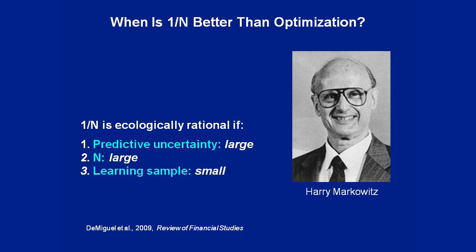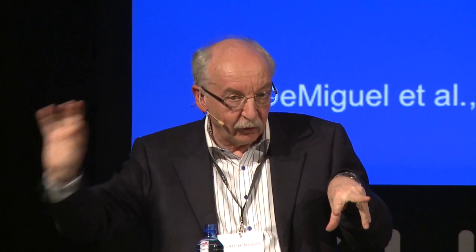If predictive uncertainty is large, which is the case with stocks and funds, then 1/n is, and I call this ecologically rational, in this world rational, better than mean variance. The same holds if the number of options is large and if the learning sample is small.